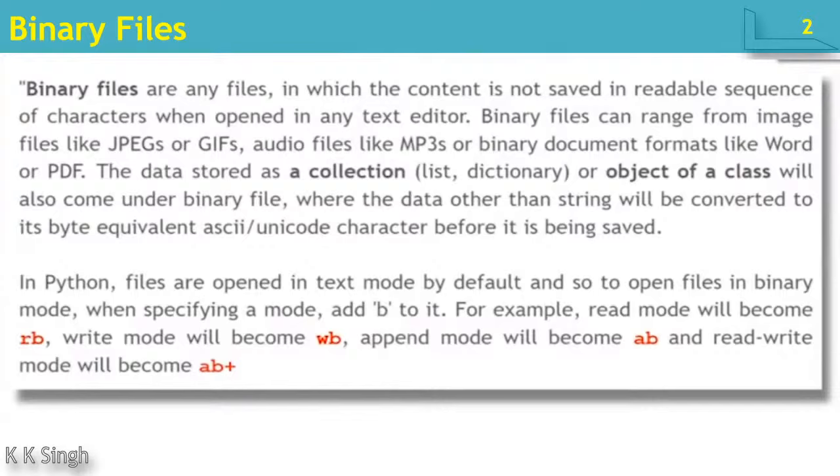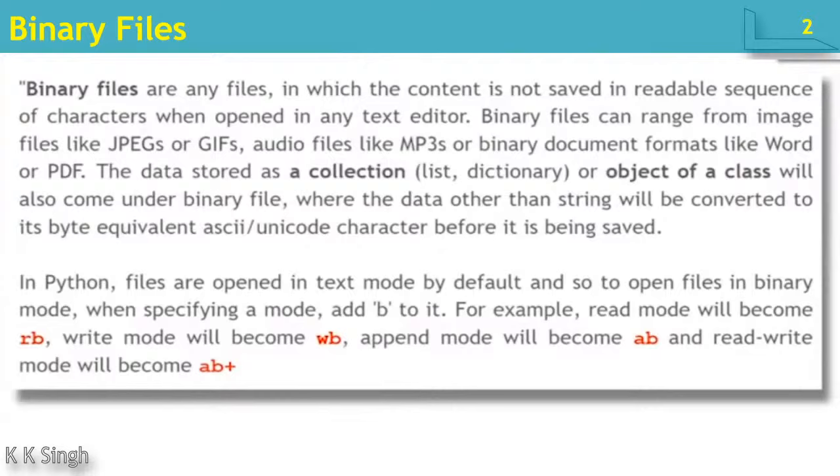In Python, files are opened in text mode by default, but for binary files, when specifying a mode, add b to it. So while creating a binary file in Python, you will have to use the character b, which signifies binary. For example, read mode will become rb, meaning read binary.